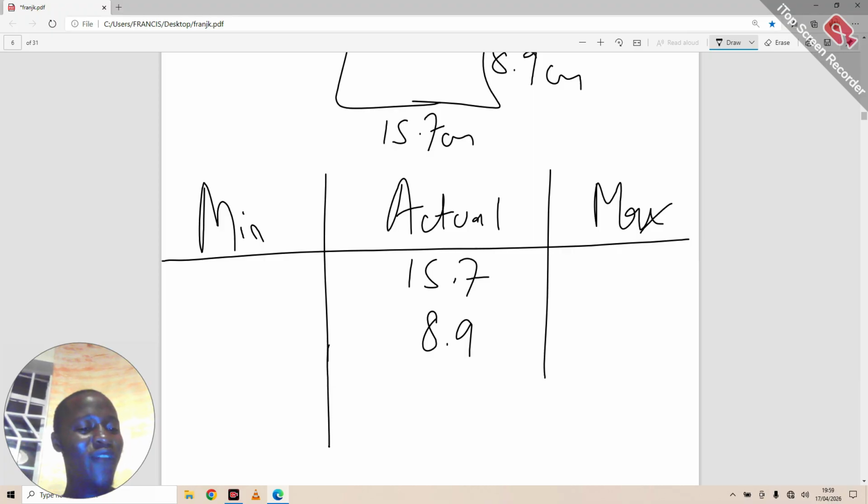You only need to divide it by 2 to get the absolute error. And that absolute error is what you shall use to arrange the given numbers to their maximum and minimum. You won't use the accuracy of the given numbers. All right.